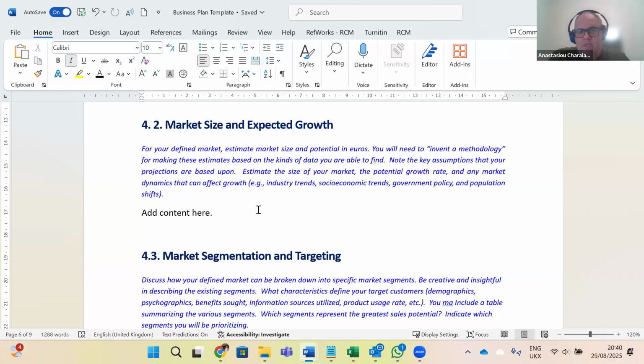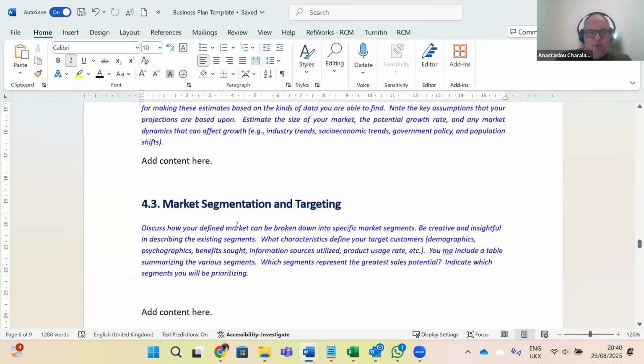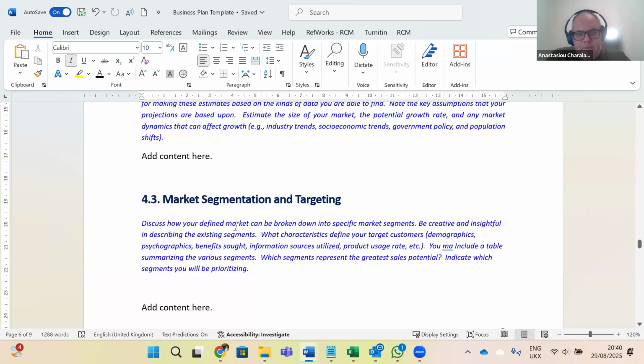Okay, so you would say, for example, that this type of market is growing at 8% per year. Okay, so that's good. That shows that there is a prospect for it to be increasing in the future. Okay, then section 4.3, you want to look at how maybe you can break down this market a little bit more. Maybe it can be geographic.